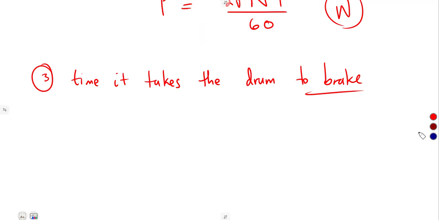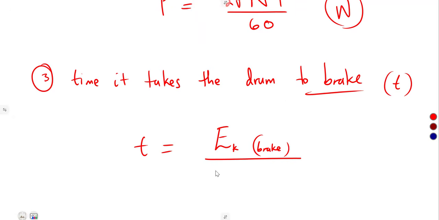So time is given as what? T. So our time T is equal to, since it is breaking, we use the kinetic energy as break. So it's EK break over what? The work done per second.